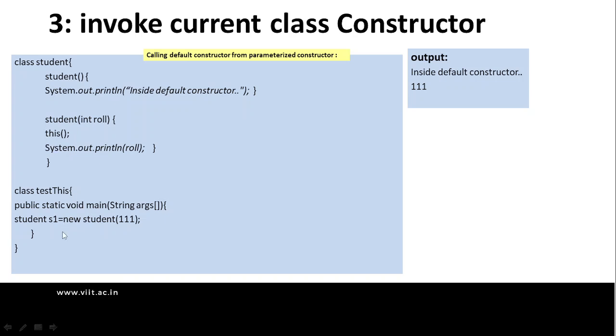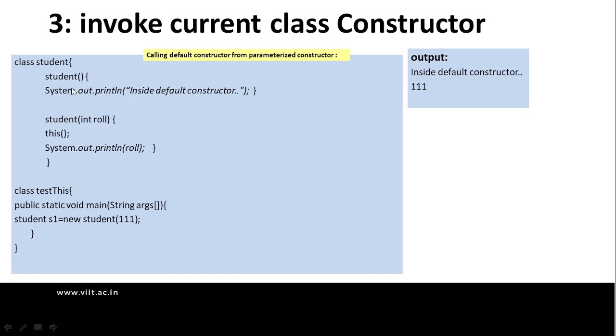In public static void main, we create this s1 object with a single parameter, so the one-parameter parameterized constructor is used. This means the student constructor with one parameter will get called, but inside that we want to display the message from the default constructor.